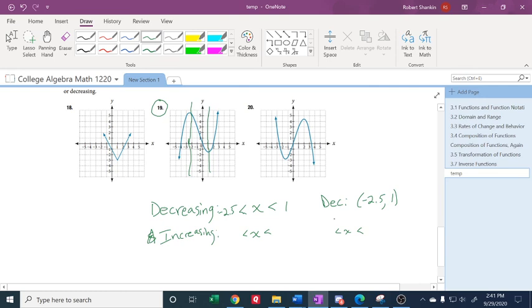Okay, now you see the arrow at the end? It means this thing goes forever. So instead of saying 1 to 3, we'd say 1 to infinity. And it means along the x-axis all the way forever to the right. Okay? And then also from negative 2 to negative infinity.